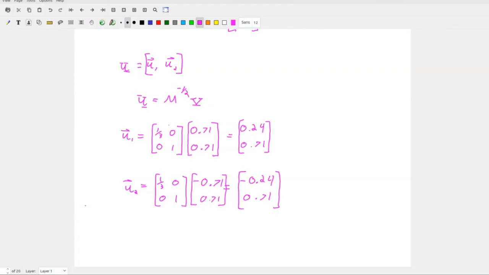Okay, so again, these are our mode shapes. Now, everyone's favorite thing, what do we want to do to these mode shapes? Do we want to report them as 0.24, 0.71? No, we want one of those values to be 1, right?